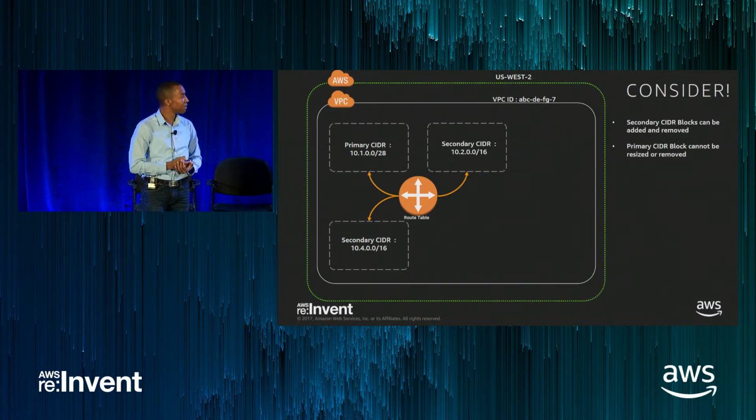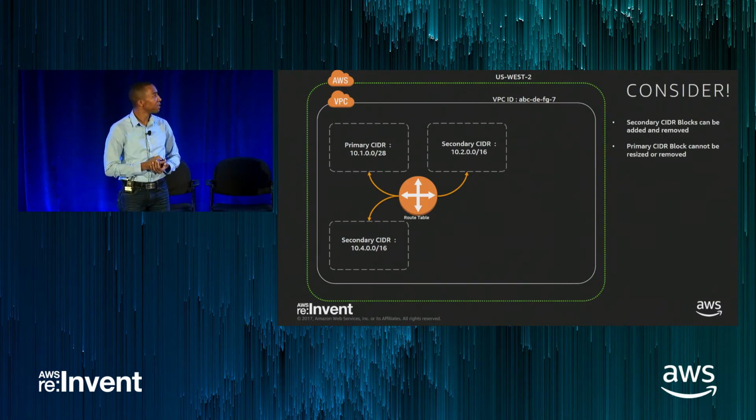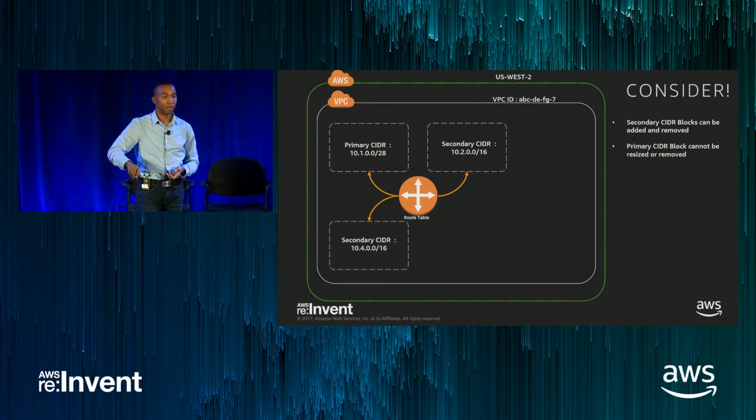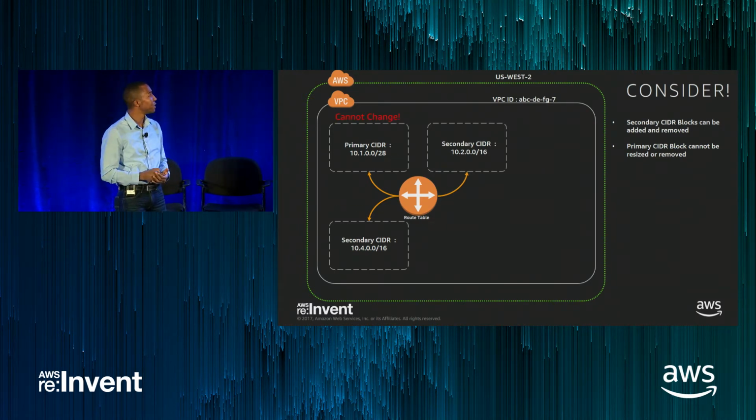Another thing that's very important for you to know is that your primary CIDR block, unlike the additional CIDR blocks, cannot be changed, but you can remove CIDR blocks as you don't need them. So if I add 5 CIDR blocks and I no longer want one, I can remove it, but my primary can never change.